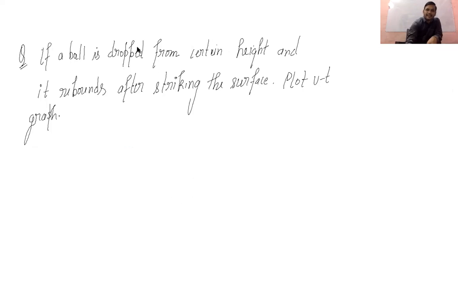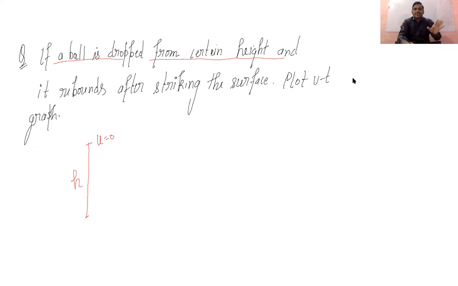Yeah, you can see in the first case, I can use a different color here. If I'm saying the ball is dropped from a certain height, what does it mean? This is the height h, and the ball is dropped from here. What will be the initial velocity?